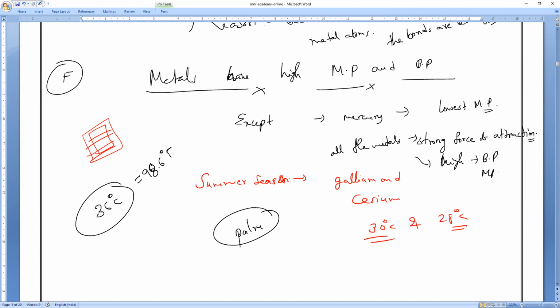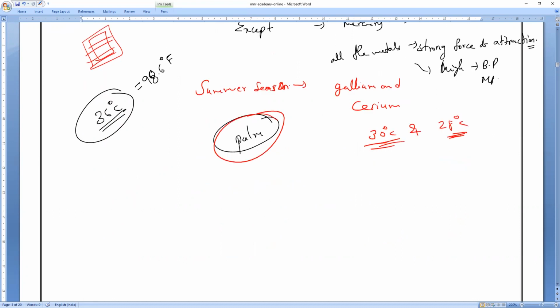So their melting point is less than our body temperature. What is our general body temperature? 98.6 degrees Fahrenheit, am I right or wrong? Which equals 36 degrees Celsius, 36 or 37 will come. That is why if you put them in the palm, they will melt into liquids. Clear, everybody? Please respond.